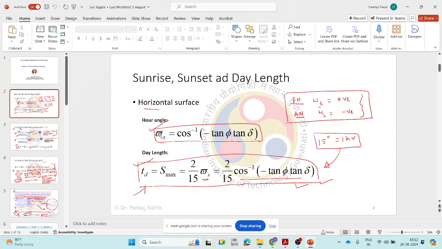Omega is just your hour angle that can be calculated for any hour, any time of the day. But omega s specifically tells you the hour angle corresponding to your sunrise and sunset. Based on that, you can calculate your day length, that is 2 by 15 omega s, that is 2 by 15 cos inverse of minus tan phi tan delta. Okay, is that clear?